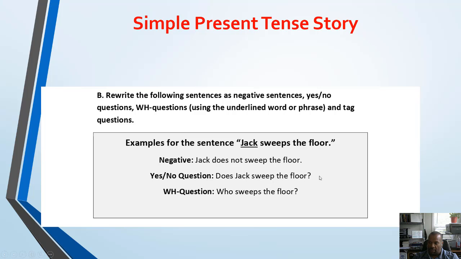Yes or no. In this case, it would be yes. And then the WH question, who sweeps the floor? Okay, so our WH question is who. All right. So now that we know the way we need to do this, let's look at some examples.